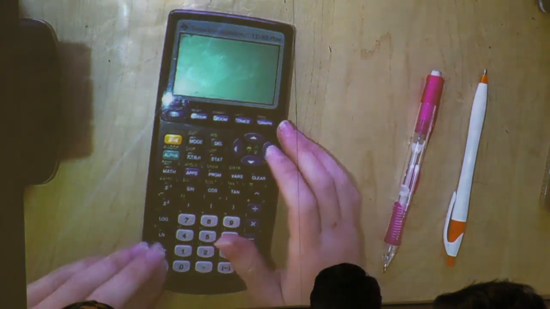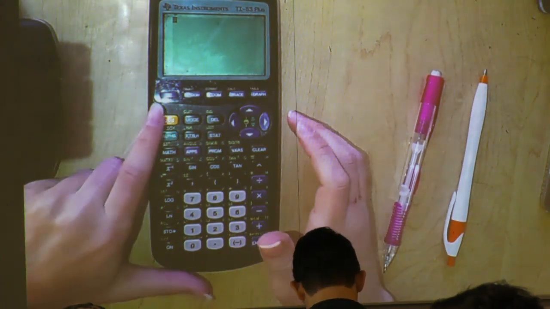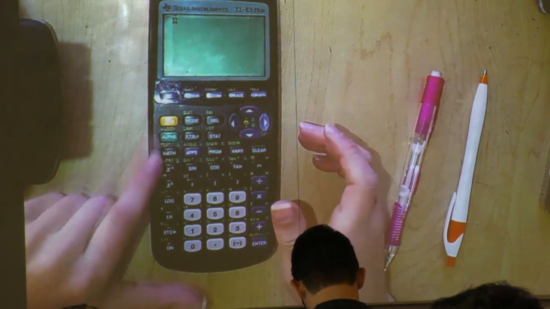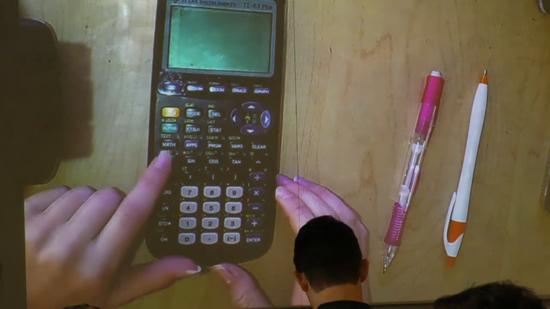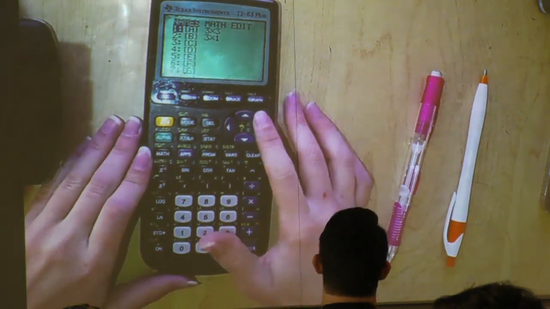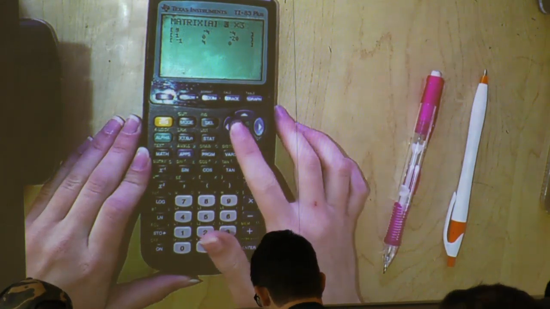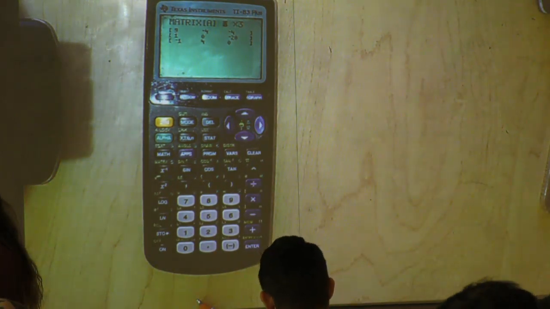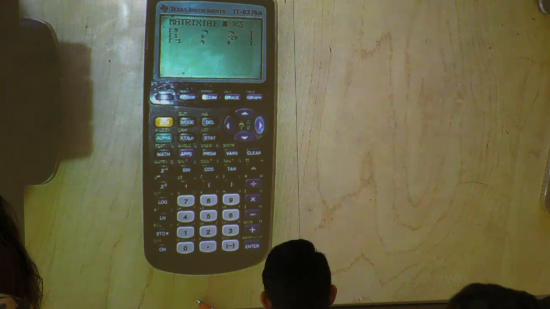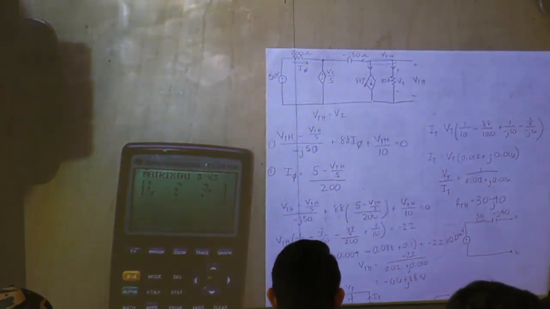So I'm going to show you guys how to do the matrix. This is really blurry, but find your matrix button. It's probably second matrix. You'll come to a screen like this. You want to go to edit. You'll fill in, so this matrix is 9, negative 4, negative 4, 1, 0.